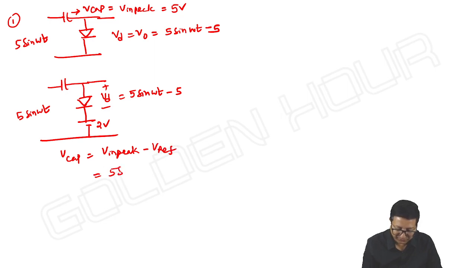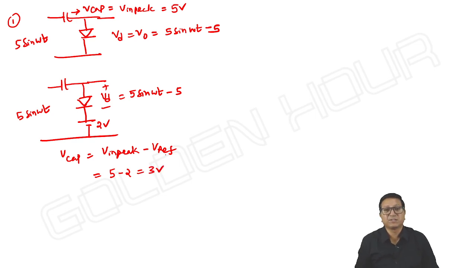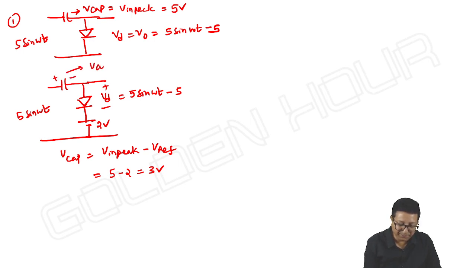That is, V input peak is 5 minus V reference is 2. To this level, the capacitor is charging. It is not V input peak. Please do remember this: V input peak minus V reference, to that level.